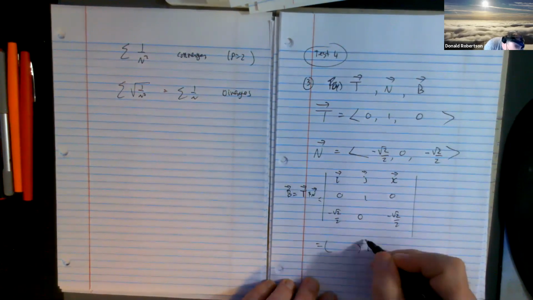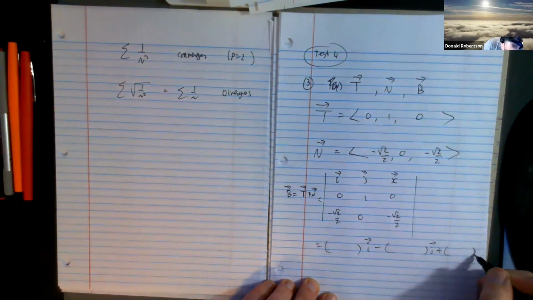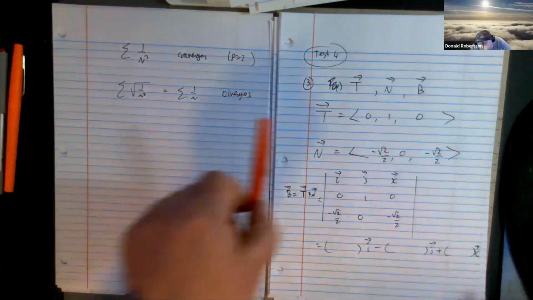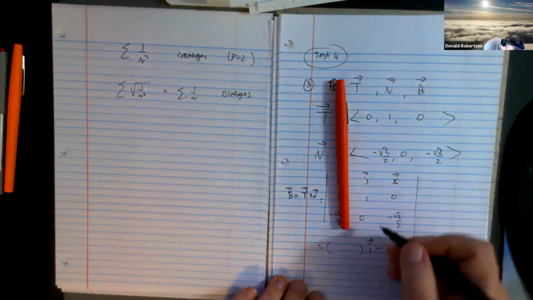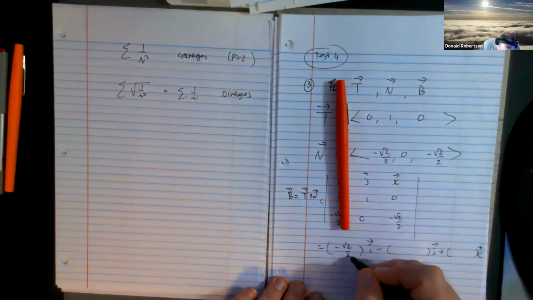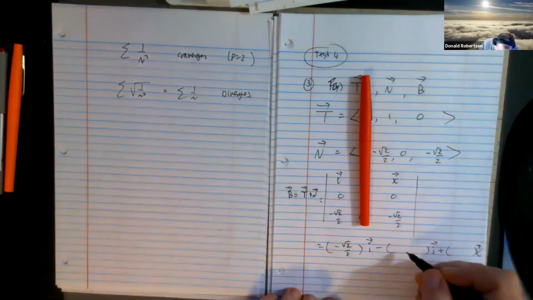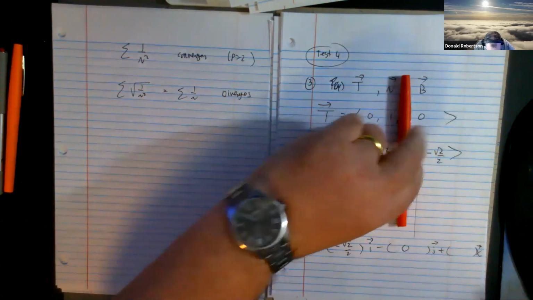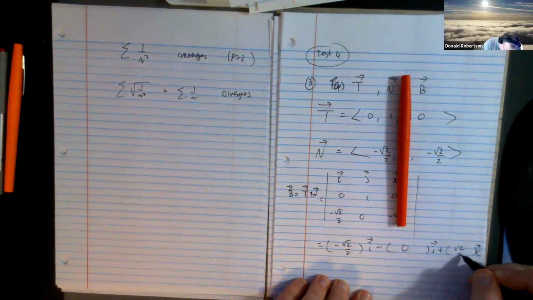So many i's, take away so many j's, plus so many k's. Okay. Oh, I was wrong right off the bat. This one, take away 0, gets you that. 0 take away 0 gets you 0. And 0 take away that is an add, so you get that.